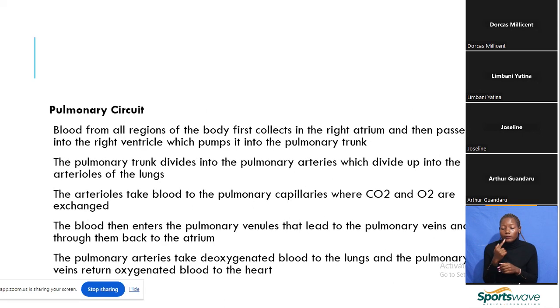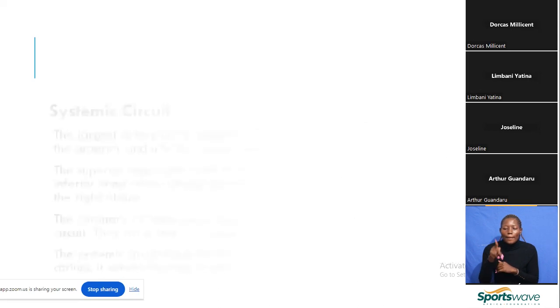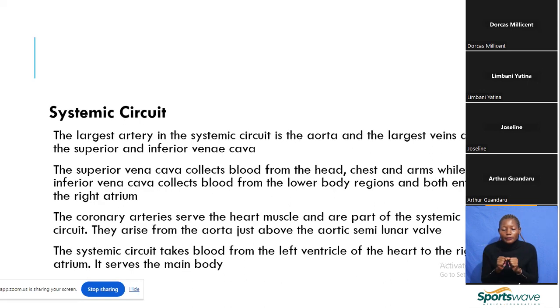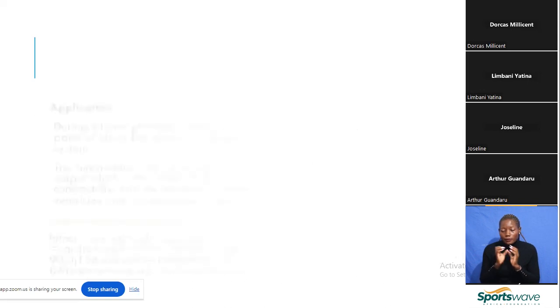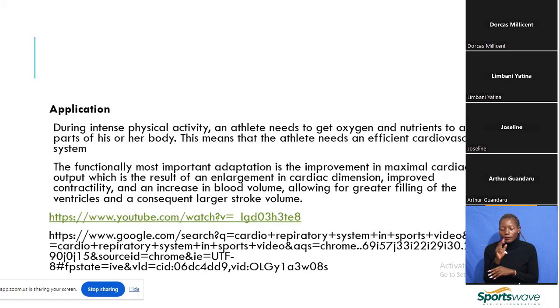So again, I've just come back to explain more about the pulmonary circuit and the systemic circuit, the 2 circuits that we have. I don't want to over-emphasize, but in terms of application, this is the fundamental system that we need to work on for efficiency.